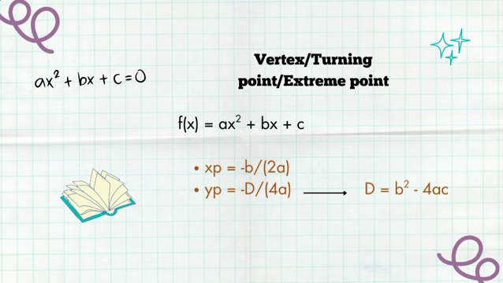And the y coordinate of the vertex can be found using the formula yP equals negative D divided by 4 times a, where D equals b squared minus 4 times a times c.